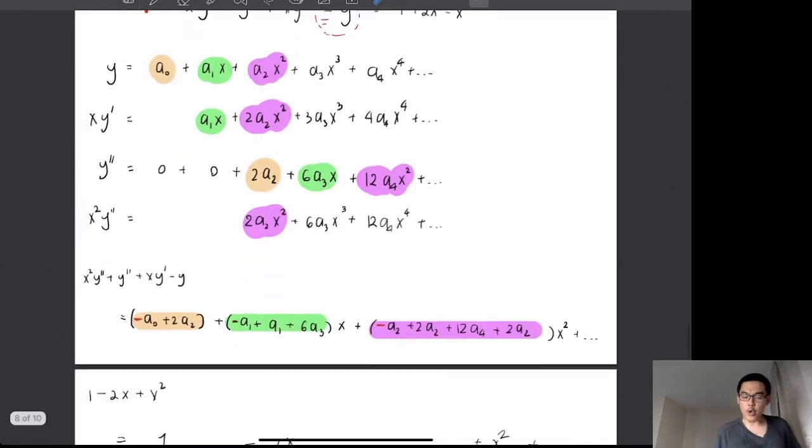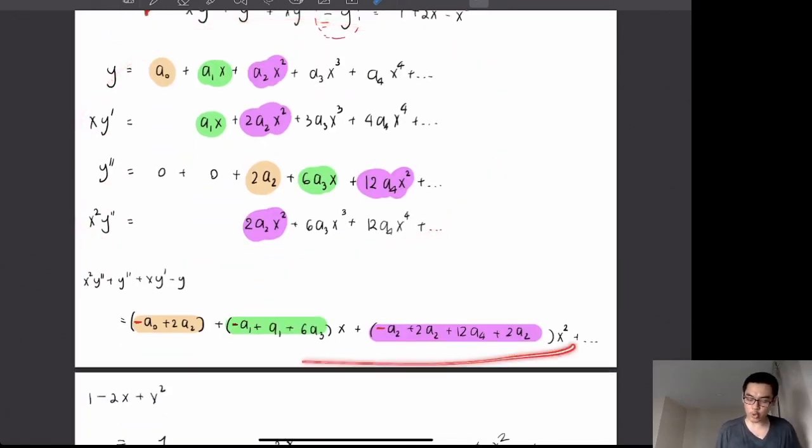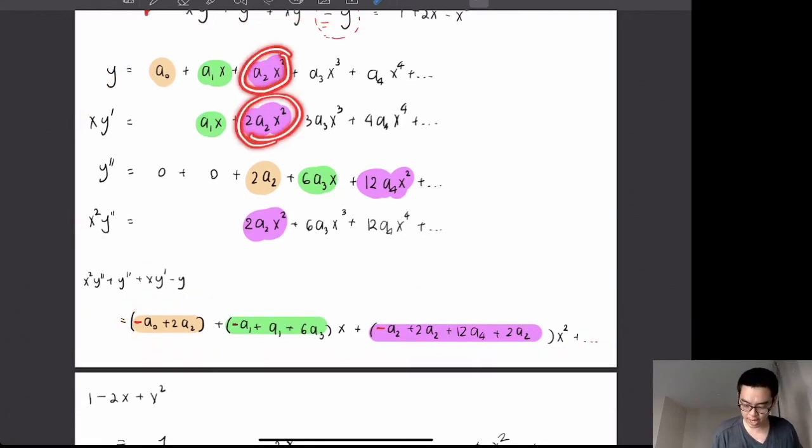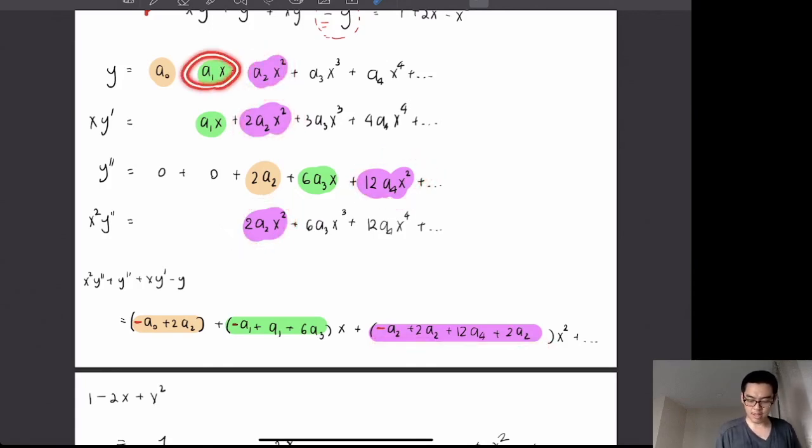You expand everything and combine everything according to the power. For example, you combine the x squared terms together and you get this. The x terms you combine together and you get this. The tricky part is you compare to the right hand side, which is not 0 now.